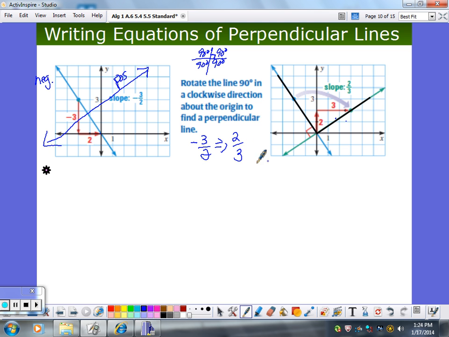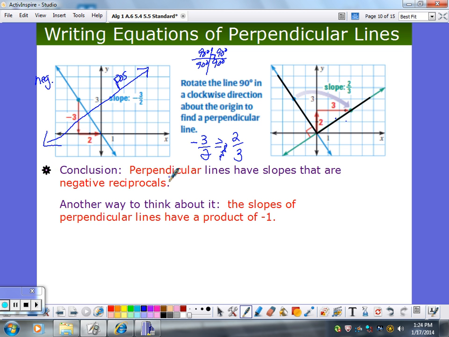What's going on here, Alex? So we flipped it, but what else did we do? We made it opposite sign. So perpendicular lines have slopes that are negative reciprocals. You can also think of it as if you multiply the slope of the first line by its perpendicular line's slope, you will get -1.